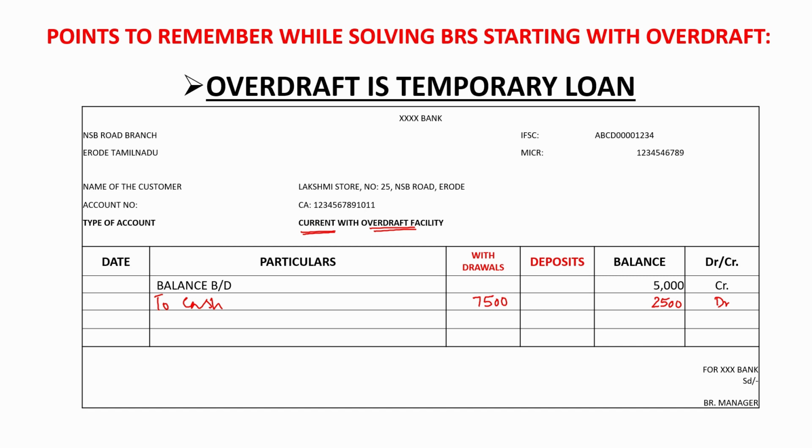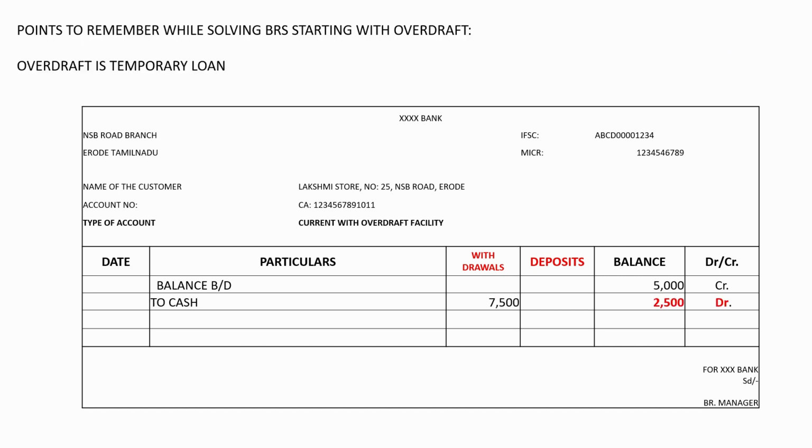What is the speciality of this overdraft? This overdraft increases with every withdrawal and it decreases with every deposit. That means the next day you are trying to deposit an amount of rupees 1,500. You had a loan or an overdraft of rupees 2,500.